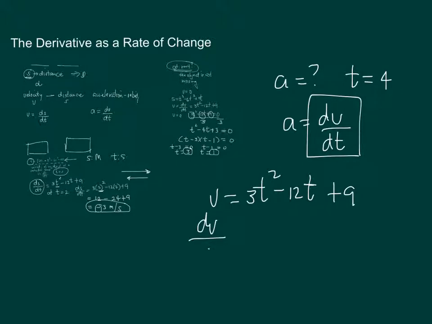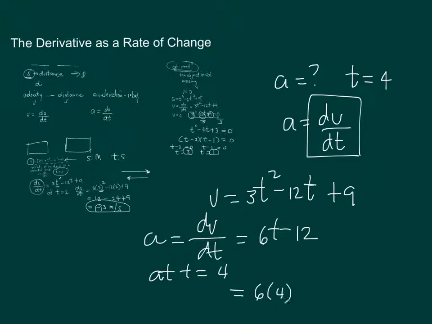So dv over dt is simply 6t minus 12, and this is the acceleration. At t equals 4, dv over dt is 6 times 4 minus 12, or 24 minus 12, which equals 12. If we use the units that we assigned, this is 12 meters per second squared. So the velocity is changing at the rate of 12 meters per second squared.